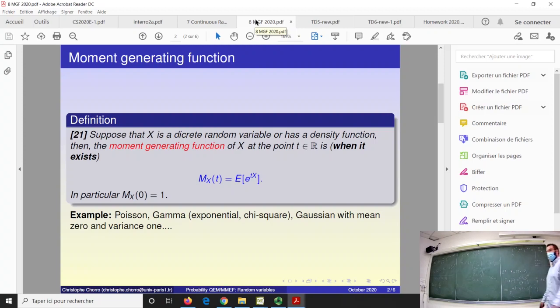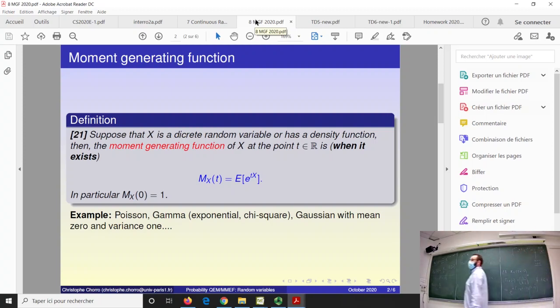And the last computation I will do at this stage will be the moment generating function of N(0,1). If you have one moment generating function to know in your life, it is the one of the N(0,1).